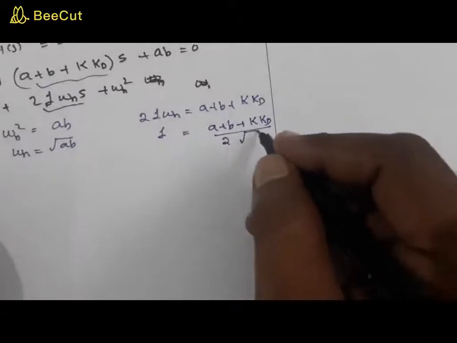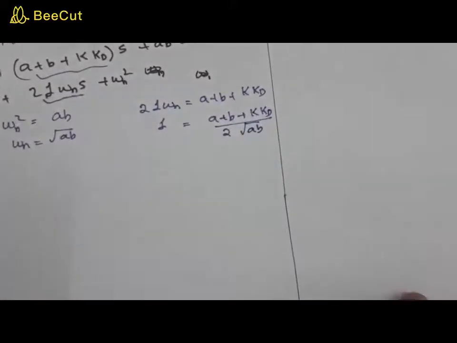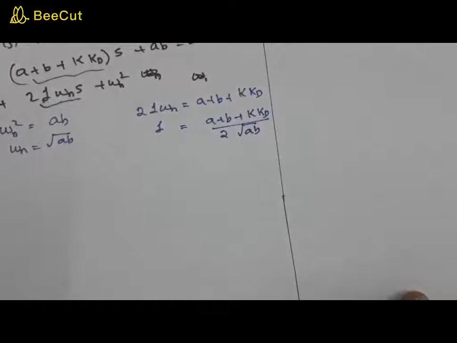And what is your omega n? Omega n is equal to root ab. So this is your zeta.